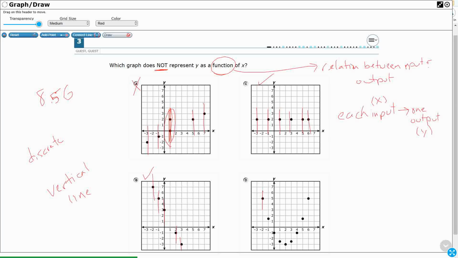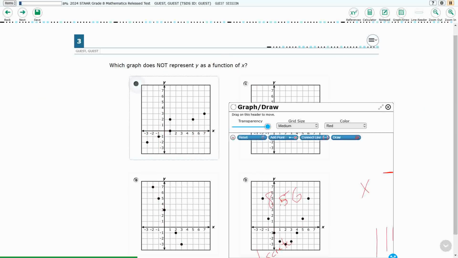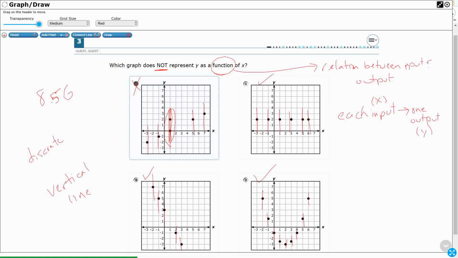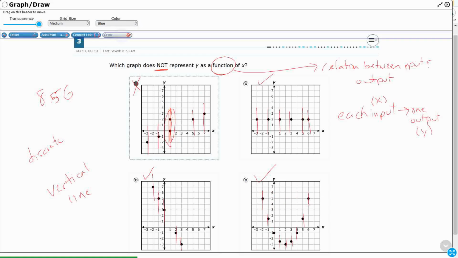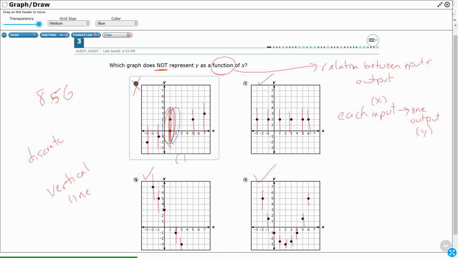This is a parabola, from a quadratic function that we'll spend more time with in Algebra 1, but even though it's curved, each x only has one y, which means it's good. So our answer here is A, and it's because of this, and I'll circle it again right there in blue. When that x equals 1, we've got two coordinate pairs.